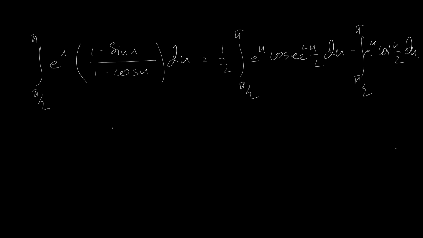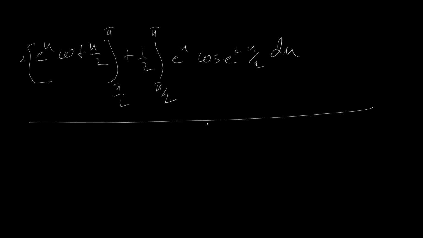So this is equal to 1/2 the integration from pi/2 to pi of e^x cosec square x/2 dx, minus this part whose integration I have done and got this answer.